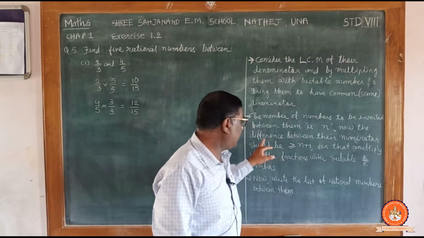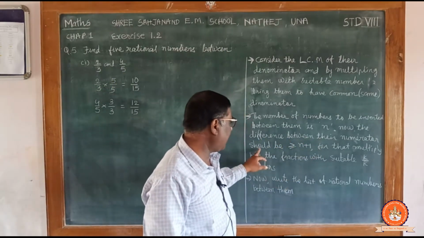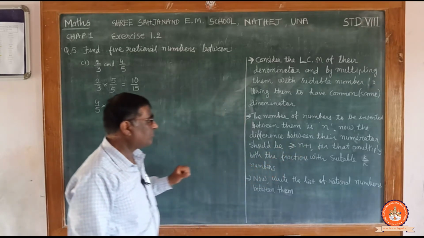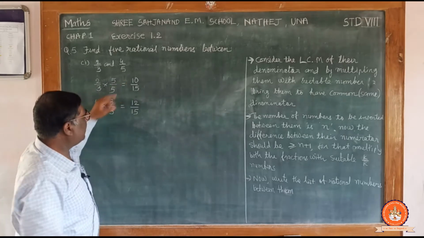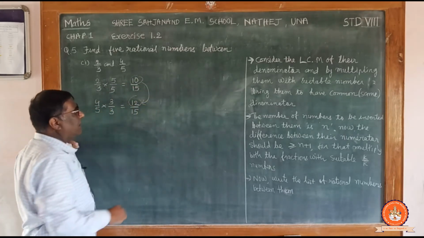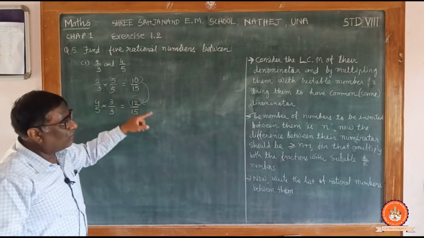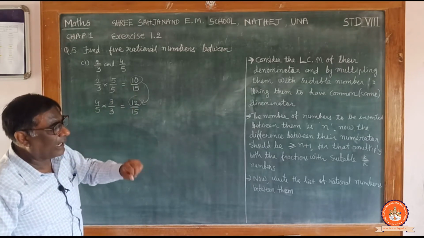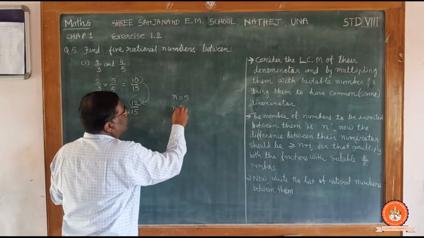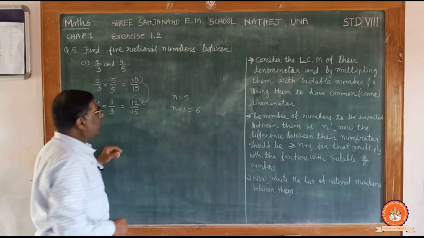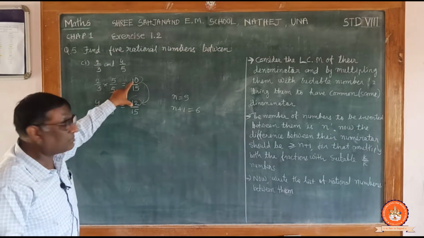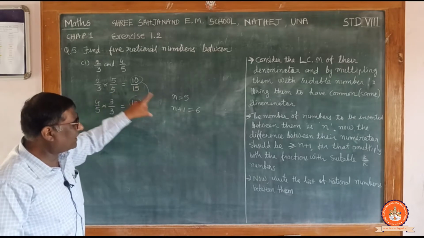Now the difference between their numerators should be greater than or equal to n plus 1. N is equal to 5 here, so n plus 1 is equal to 6. So the difference between the numerators must be greater than or equal to 6.